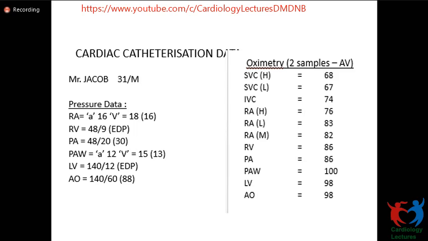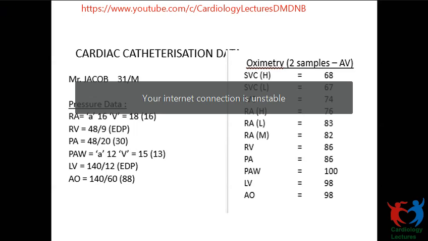And there is a gradient between the atrial and the ventricular pressures. Very good. Then the pulmonary artery pressure systolic is 48, diastolic is 20, with mean pulmonary artery pressure of 30, slightly raised, and there is no gradient between the RV and pulmonary artery. Excellent.